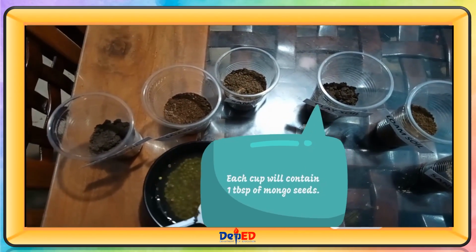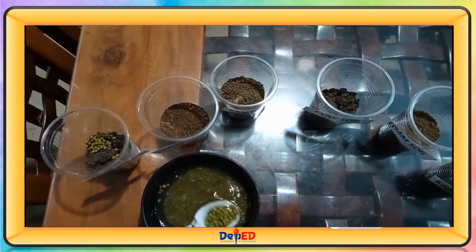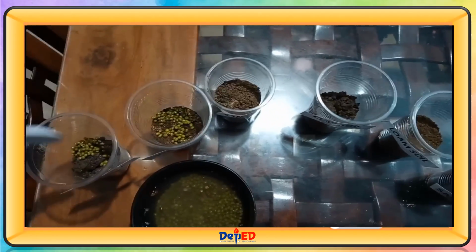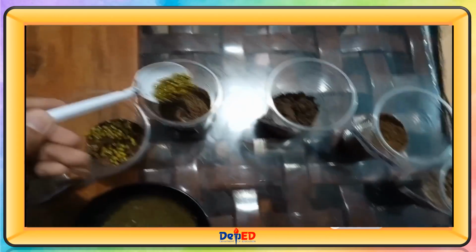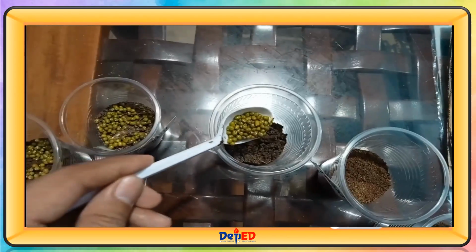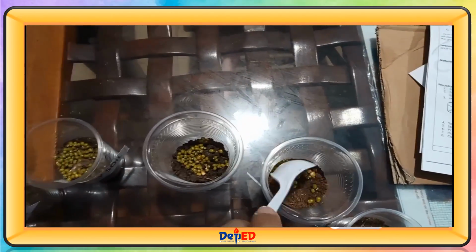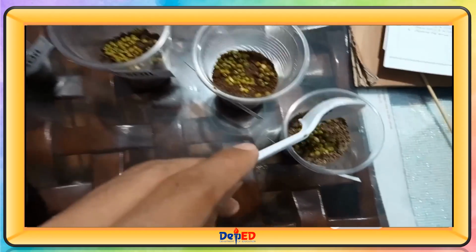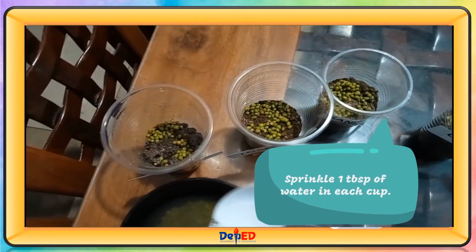Each cup will contain 1 tablespoon of mungo seeds. Sprinkle 1 tablespoon of water in each cup.